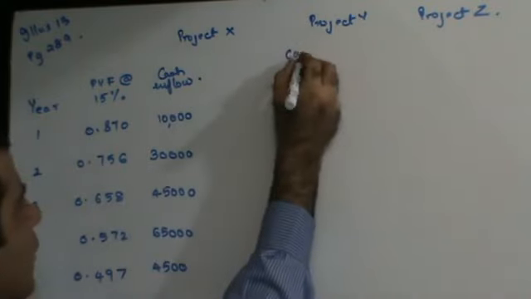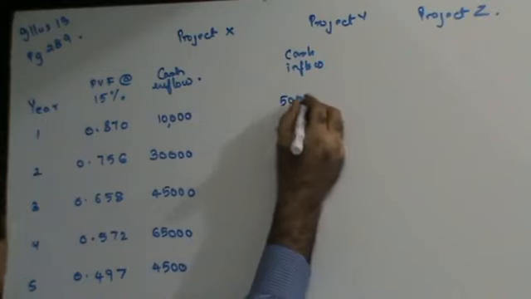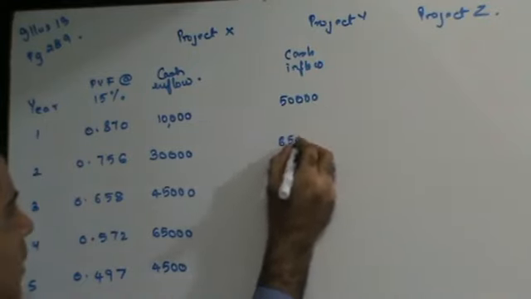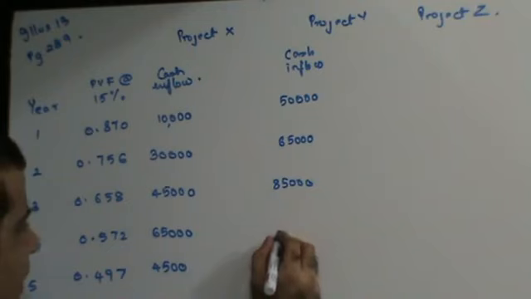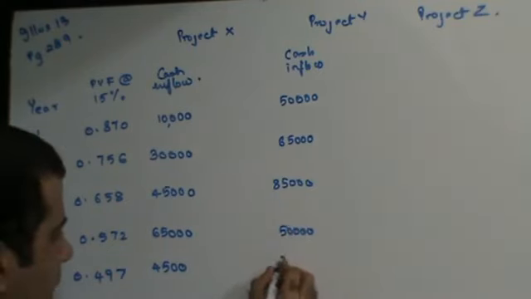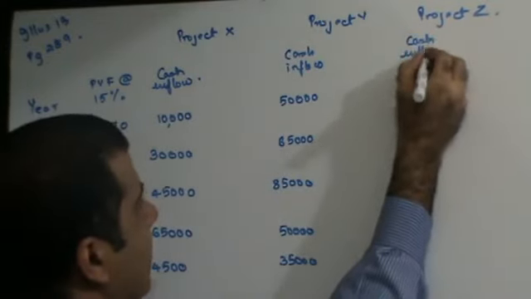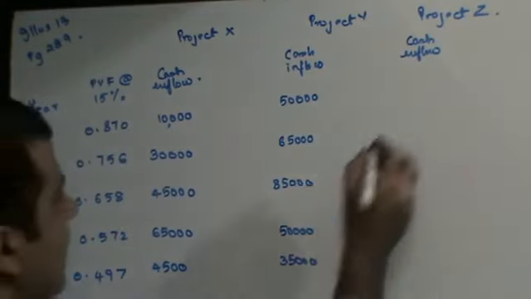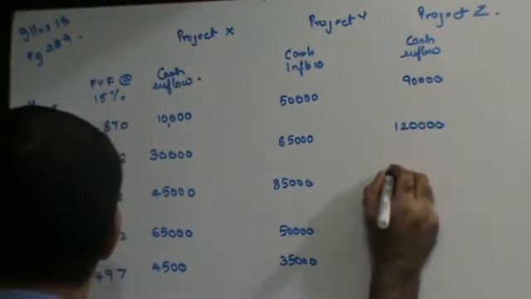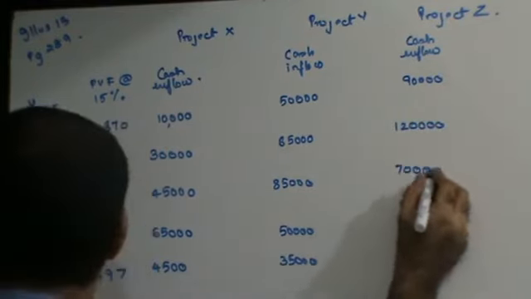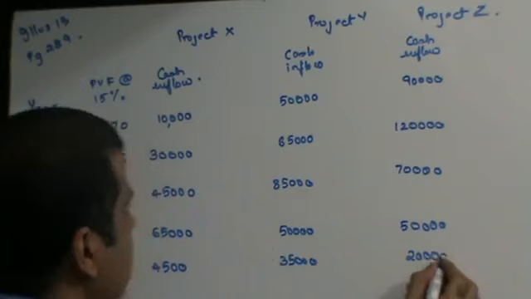Similarly, the cash inflow of project Y is 50,000, 65,000, 85,000, 50,000 and 35,000. The cash inflow of project Z is given as 90,000, 1,20,000, 70,000, 50,000 and 20,000.